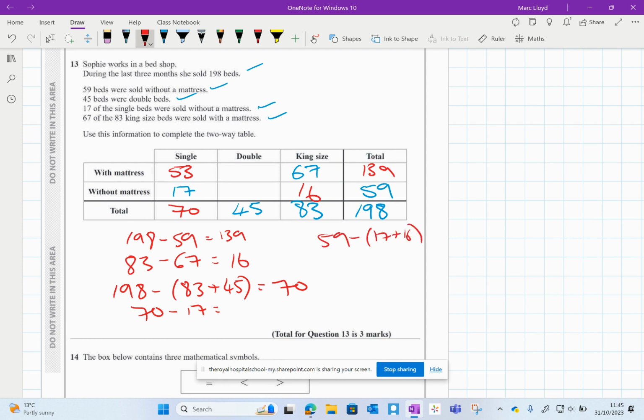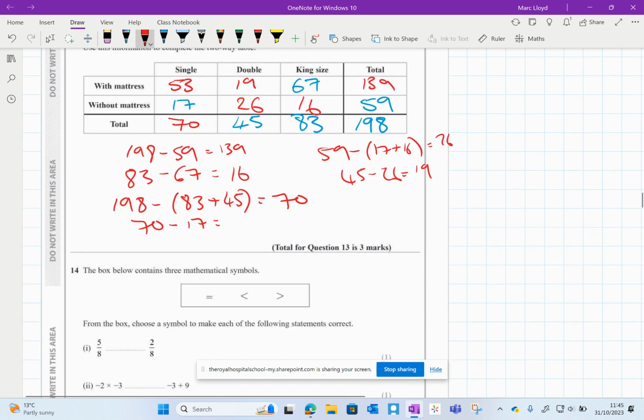This is why it takes ages, because we're writing down everything we can do. 59 take away the answer. That's 26. And then finally, 45 take away 26, which I know is 19. But we're doing the calculator just to make sure. There we go. That one was 26. And I'm done. Fully complete. That's probably some of the harder three marks you'll get.